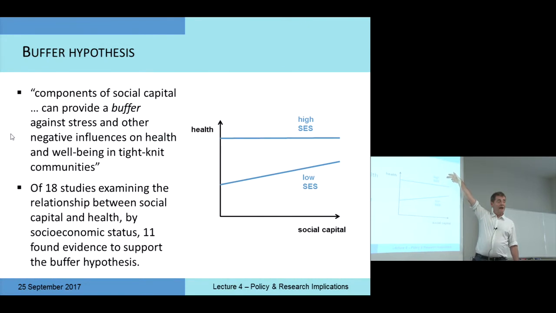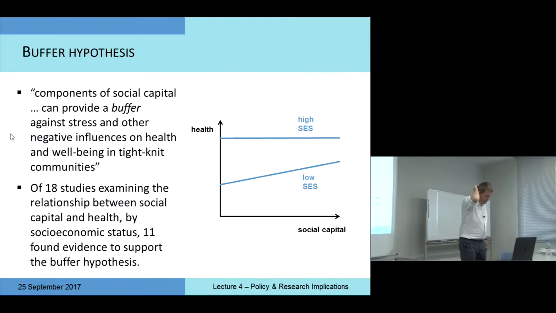So if you are a socioeconomically advantaged individual, the relationship between social capital and health may be virtually non-existent. On the other hand, if you belong to a lower socioeconomic status group, it may well be that there's a positive relationship between health and social capital. Because this group benefit from the buffer effect of social capital, the protection that social capital offers. The high socioeconomic group don't need it, don't need the buffer.